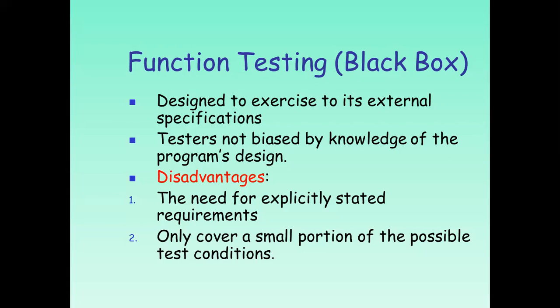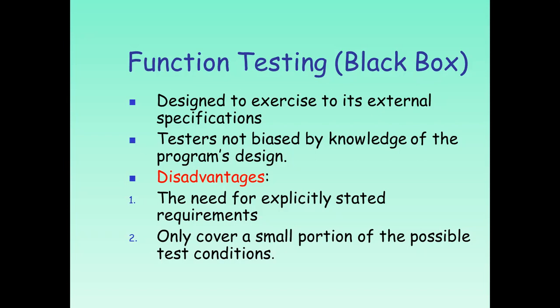So there are still some disadvantages here. The first is the need for explicitly stated requirements. So here we will use different types of requirements if we are going to use black box testing. Another is that it only covers a small portion of the possible test conditions. Whenever we are using black box testing at the function level, it covers only a small portion, because we are just checking at the unit or component level.